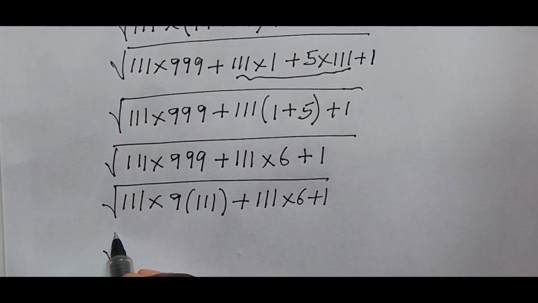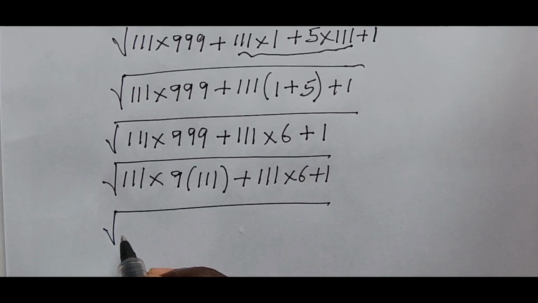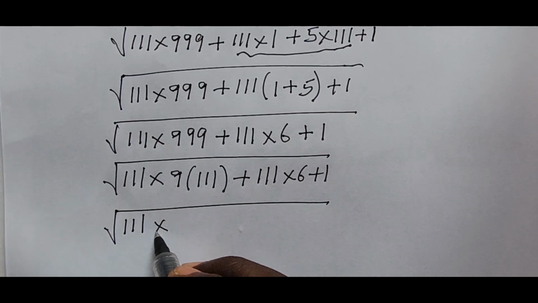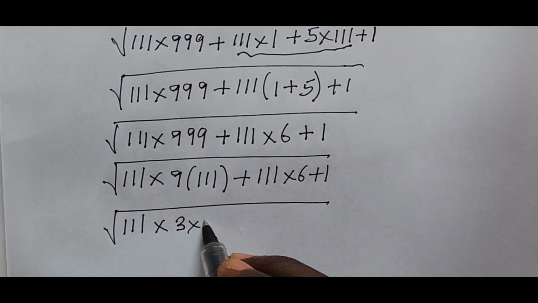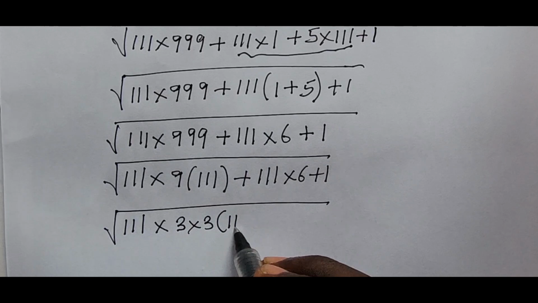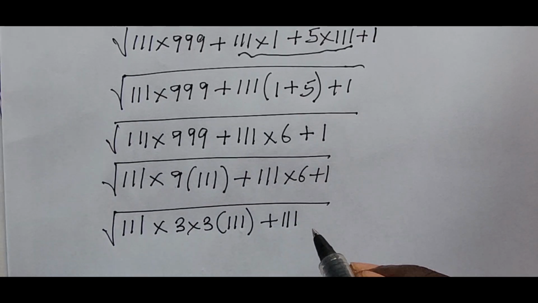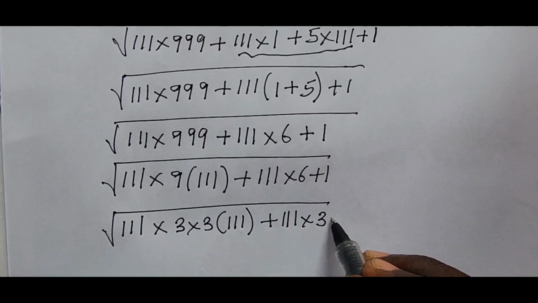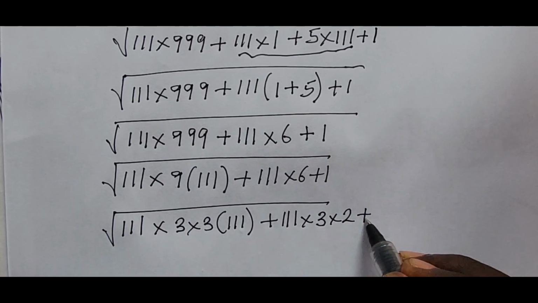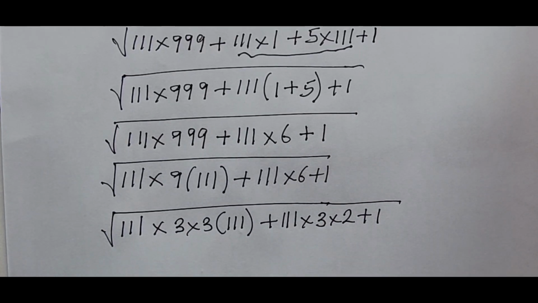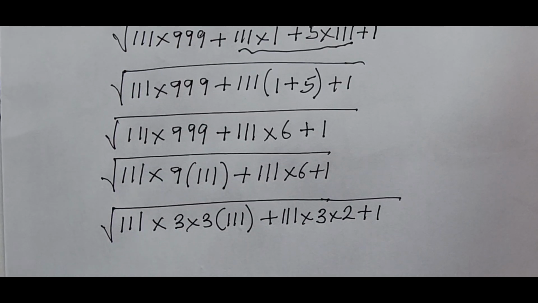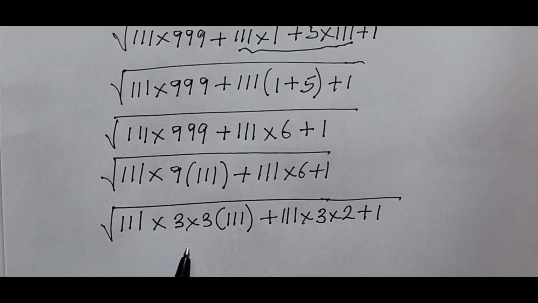So rewriting that will now give us our 111 times our 3 times 3 times 111 plus 111 times 3 times 2 plus 1. Let's extend this.